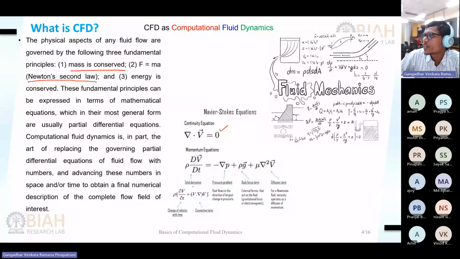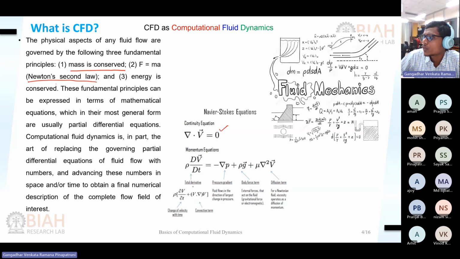Ajay, you don't know what mass conservation is? Anyone else? Sayak, do you know what mass conservation is? Can you give me an idea of what you have in your mind? What is mass conservation according to you, Sayak?